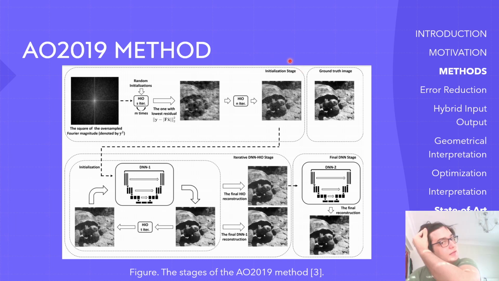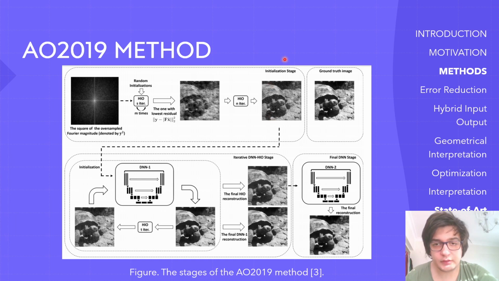In this initialization step, we first randomly initialize by using the ER algorithm. We try different initializations and choose the best one among them. And after choosing the best one, we iterate the ER algorithm 1,000 more times to find the following reconstruction.